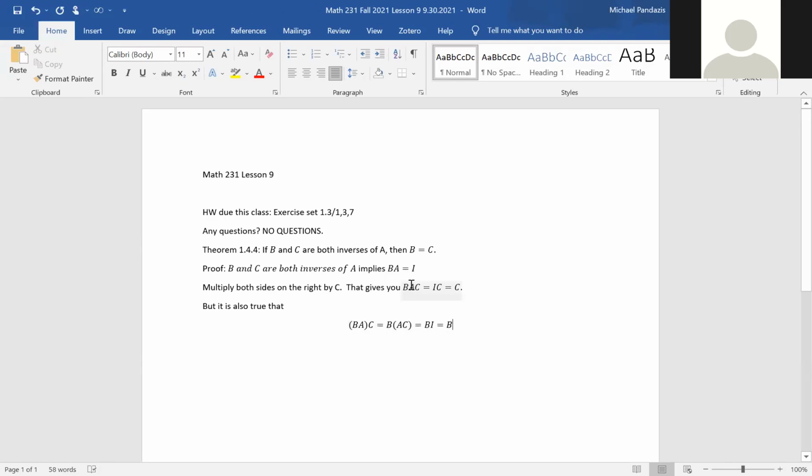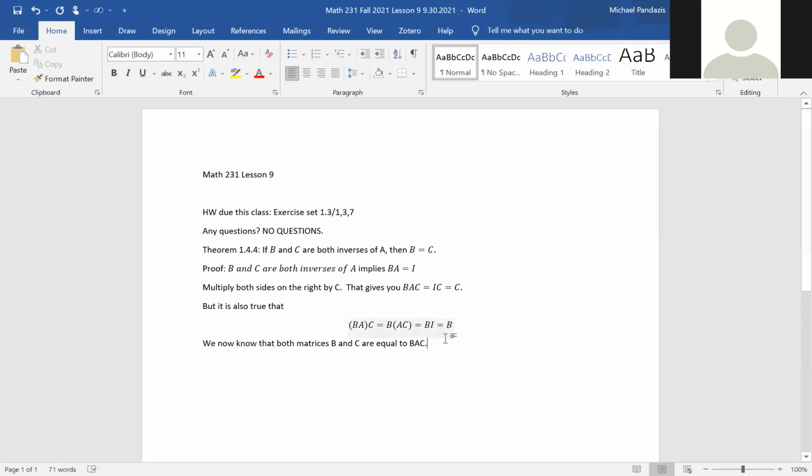We already have that BAC is equal to C, but now we have BAC is equal to B. So we now know that both matrices B and C are equal to BAC.